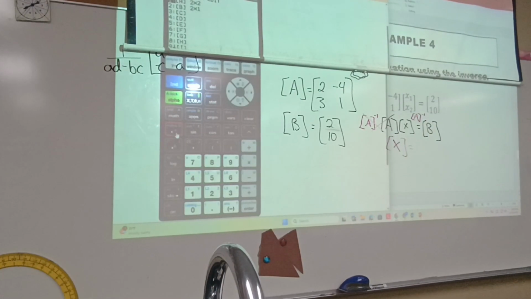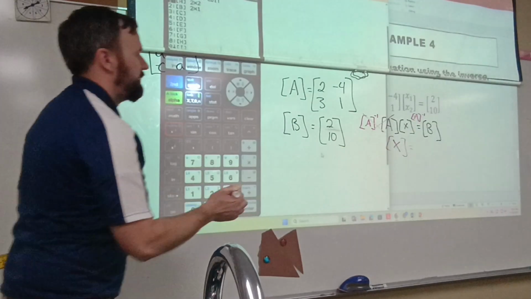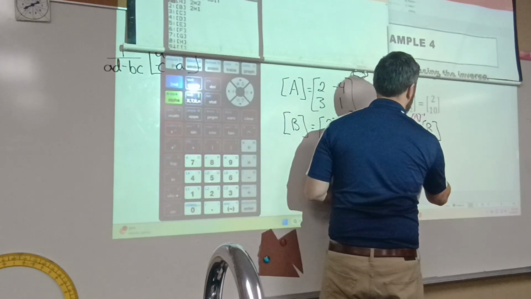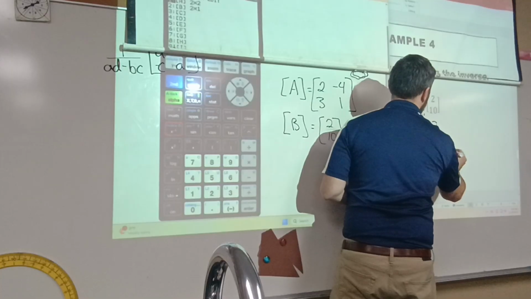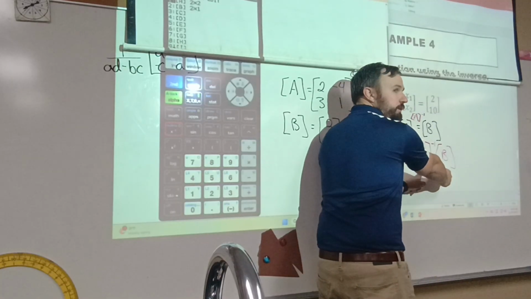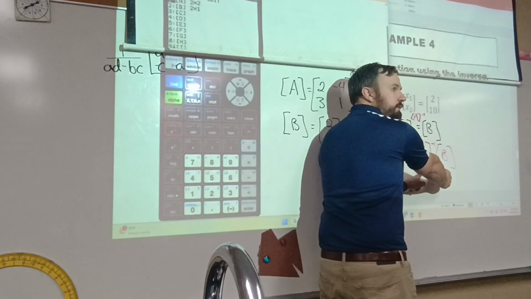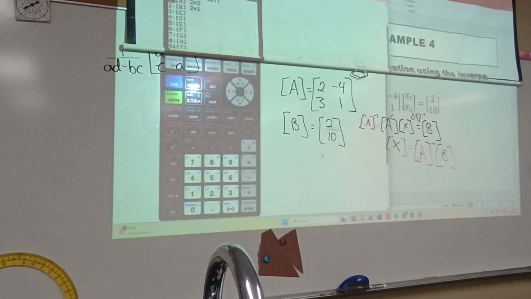All right. So in our calculator, here's what I'm going to do. This is the big step. This is the whole thing that we've been trying to learn. Can I just plug that in my calculator like that, and it'll give me the answer? Yeah. So I'm going to hit matrix A, inverse. I'm going to times it by matrix B. Can I multiply matrices in my calculator?